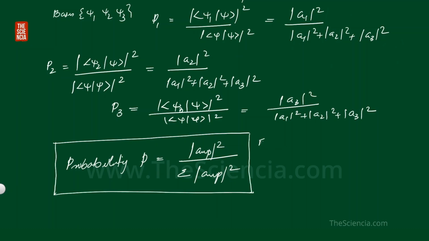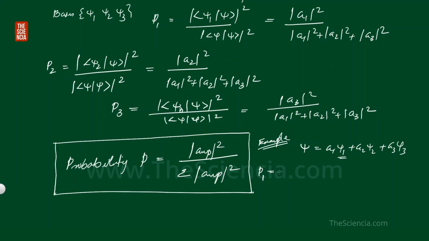For an example, our state is psi equal to A1 psi1 plus A2 psi2 plus A3 psi3. I want to find the probability of finding the particle in the first state, that is P1.